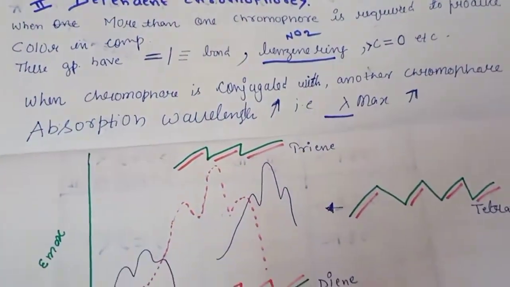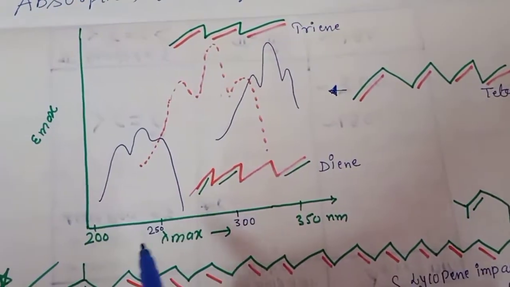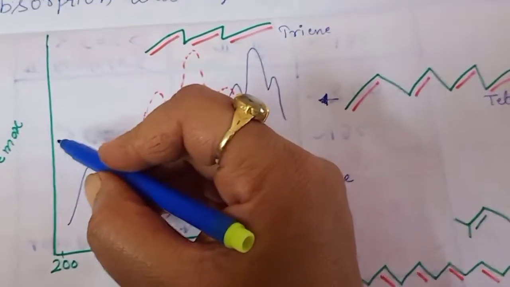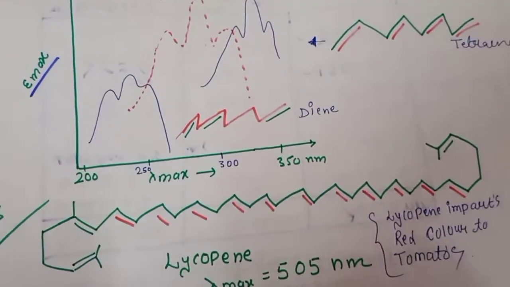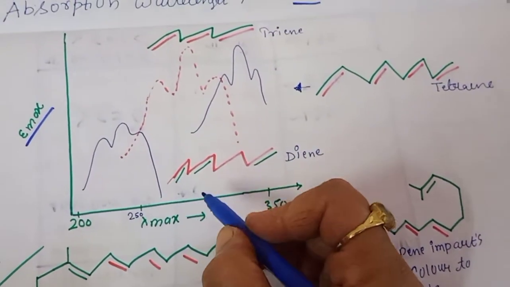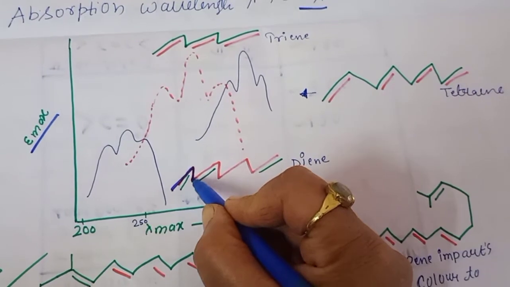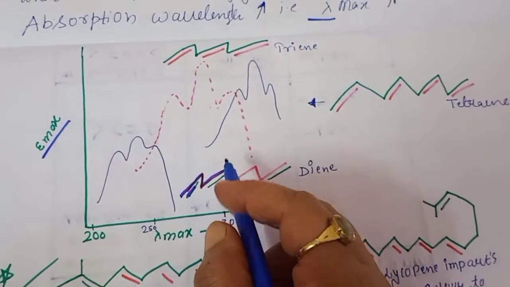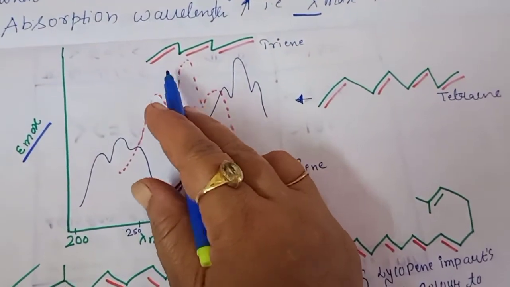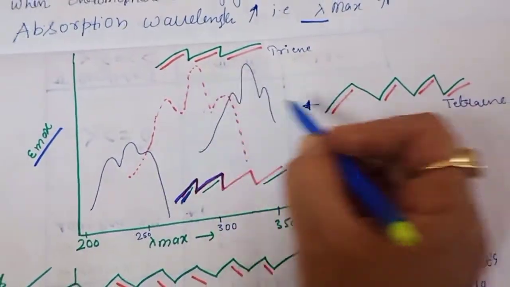As I told you, the ultraviolet spectra are plotted between lambda max and epsilon max. Suppose this is our diene. What is a diene? When two double bonds are present together. So this is our double bond, this is our diene, this is our triene, and this is our tetraene.